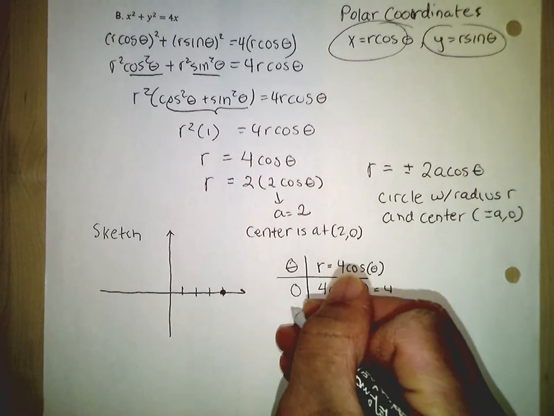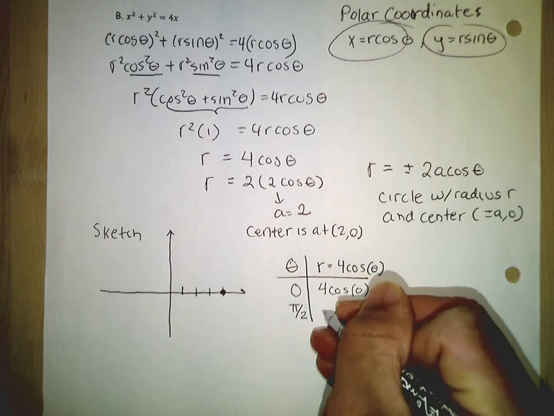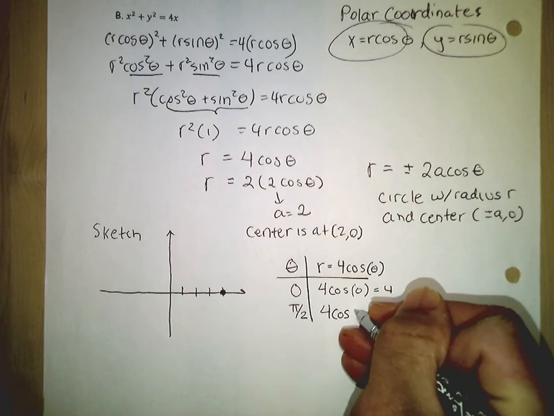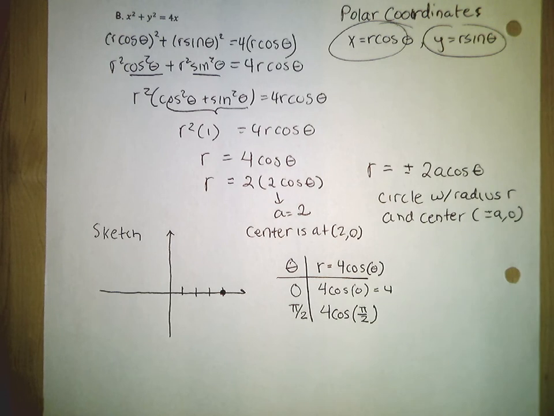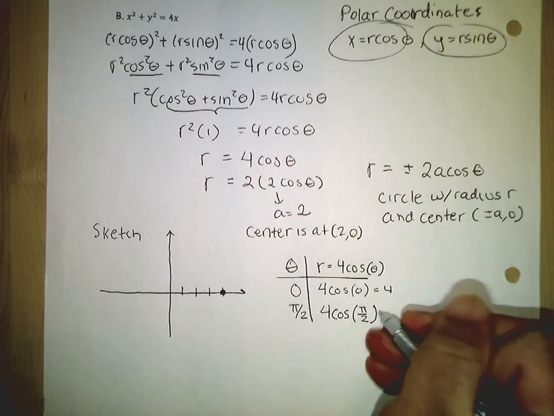If theta is pi over 2, 4 cosine of pi over 2, and the cosine of pi over 2 is 0.